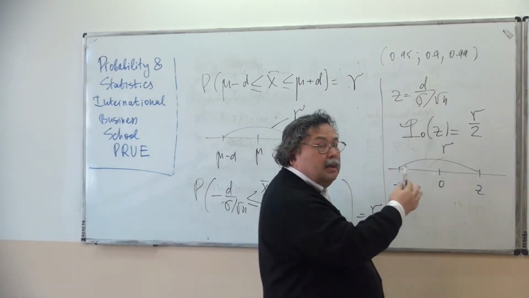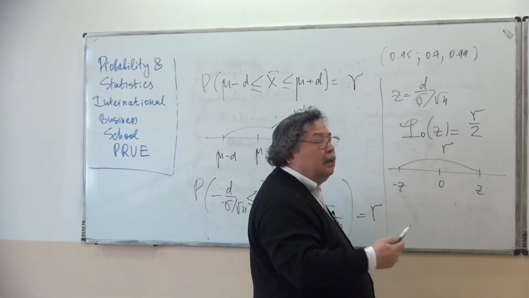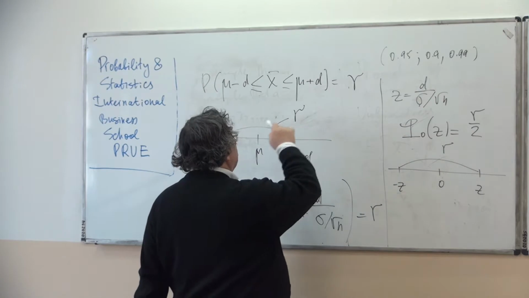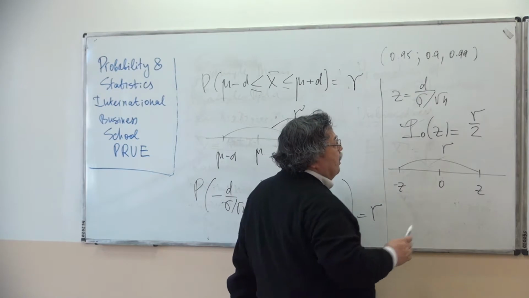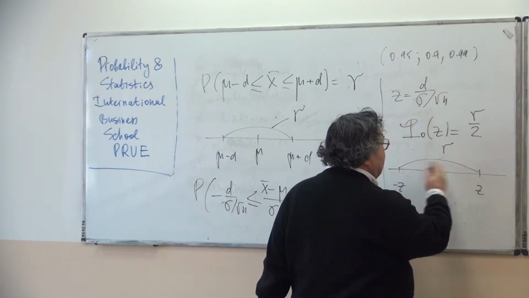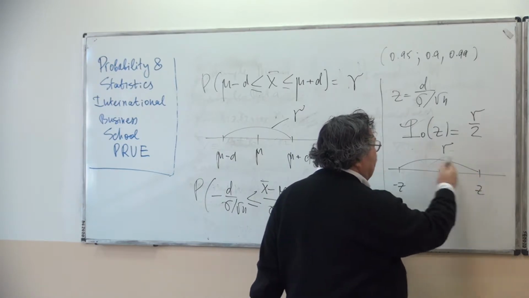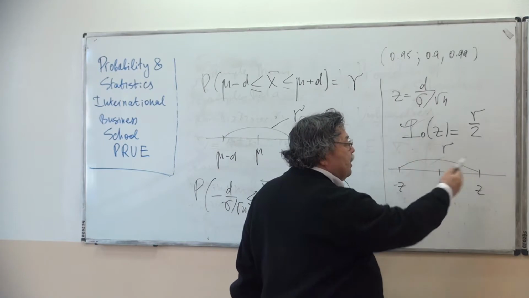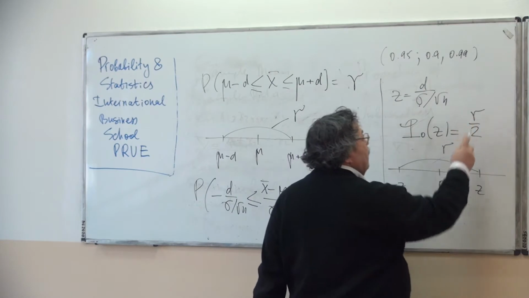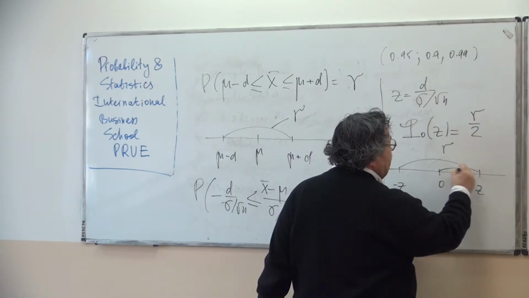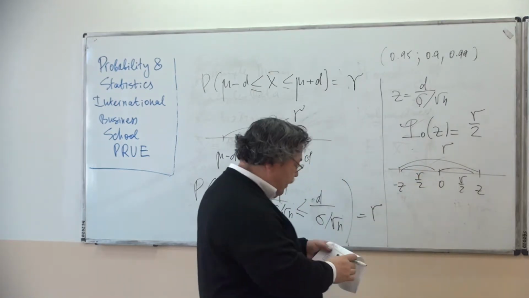And this is the same story told again, but now in terms of z. The standard normal random variable falls within this interval, with gamma over 2 on each side, like this.